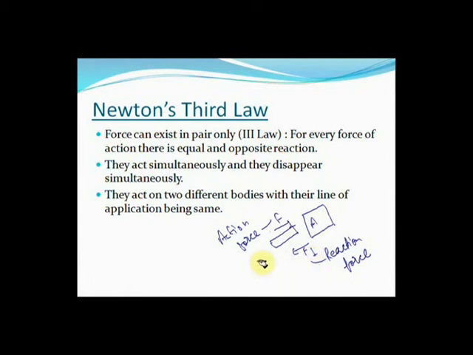So the action force and reaction force are acting on two different bodies, and also the line of application is same, which means that suppose the rod is in contact with block A at some point, so this is the line of application of force F, which is being exerted by the rod on the block, and the line of application of force F1, which is the reaction force being exerted by the block on the rod, is this. So this is a straight line.